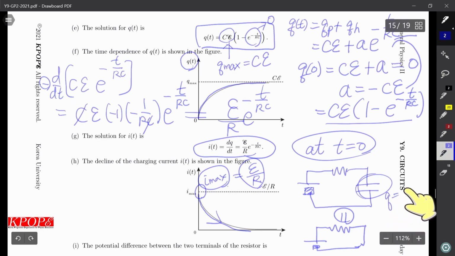Because Q equals 0, there is no charge, delta V equals 0, so the capacitor does not contribute to the system at t equals 0.